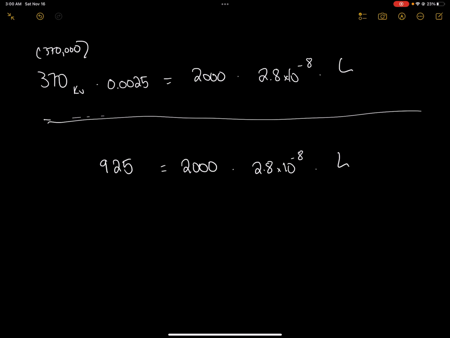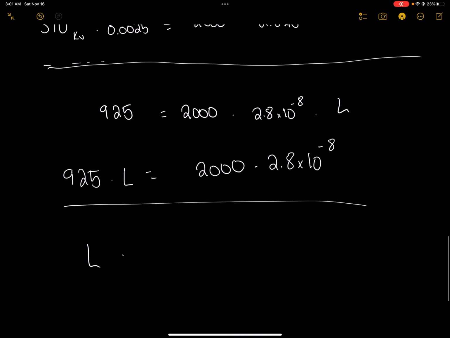We now have 925 equal to 2,000 times 2.8 times 10 to the negative 8th times L. So L is equal to 925 over 2,000 times 2.8 times 10 to the negative 8th.